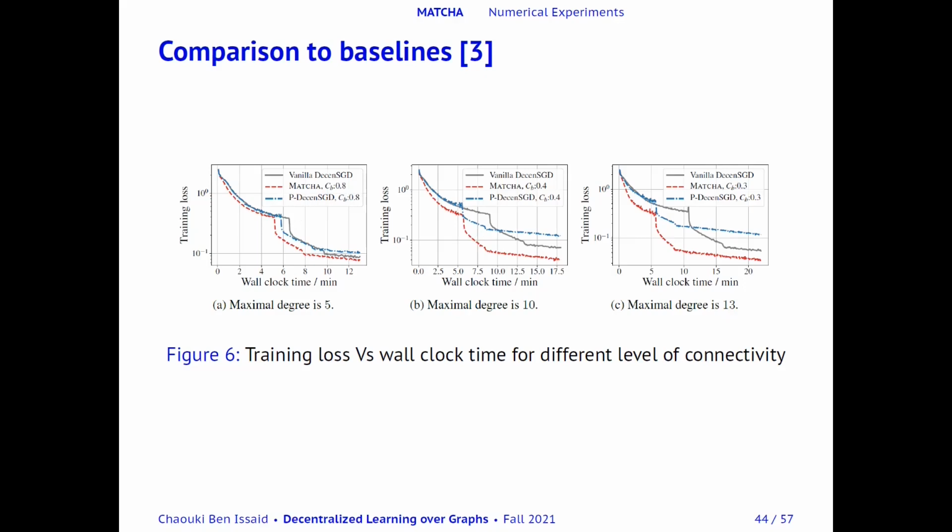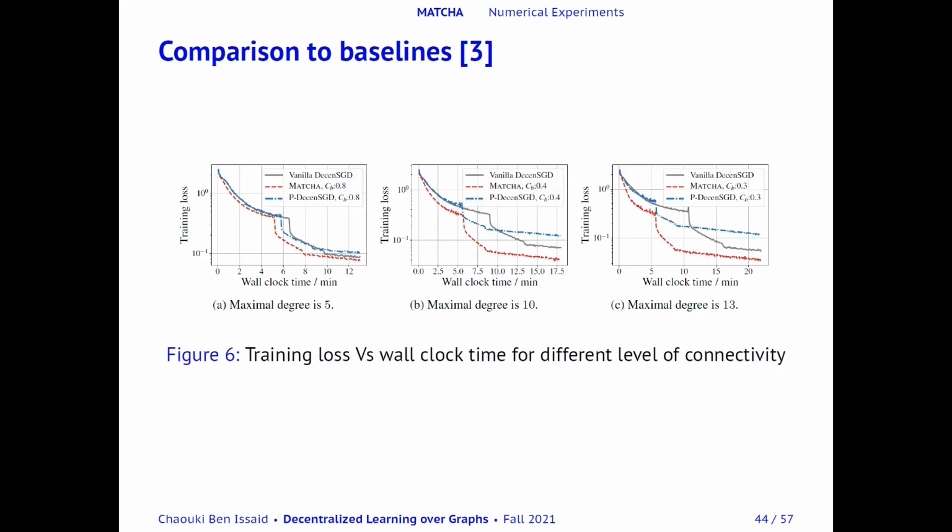In particular, when the maximal degree is equal to 10, MATCHA with communication budget CB equal to 0.4 not only reduces the mean communication time per iteration by 2.5 times, but also has lower error than vanilla decentralized SGD, as we can see here from the red plot, which corresponds to MATCHA, where the gray one corresponds to vanilla decentralized SGD.